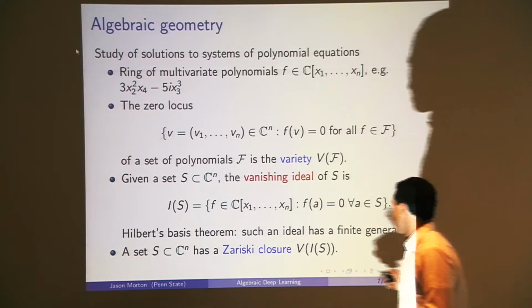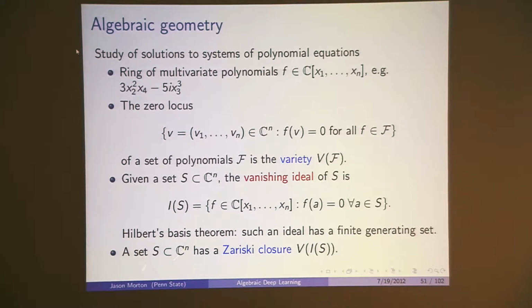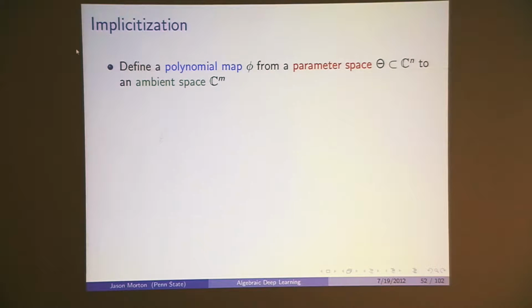And that produces such generating sets. And if I give you a set S in C^n, it has a Zariski closure, which is I take all the polynomials that vanish on it, then I take all the points on which those polynomials vanish, and that's a variety.